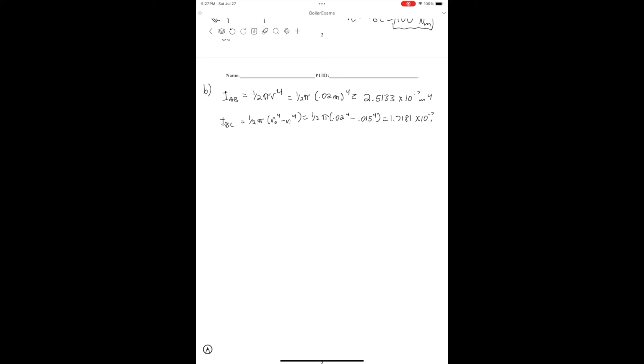All right, and now we're ready to find what the angle of twist is. The angle of twist at C is going to be the angle of twist in section AB plus the angle of twist in section BC. So T_AB times L_AB over G times I_AB, and the whole rod has the same shear modulus, so that makes this a little bit simpler in that respect.